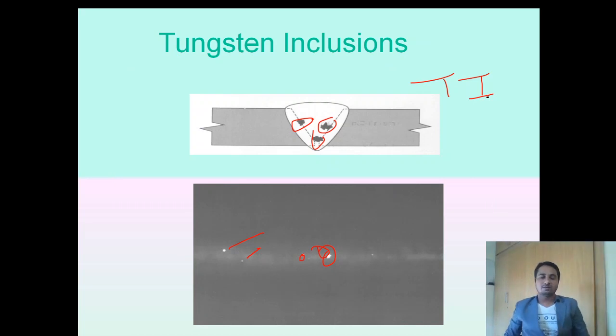So now we have seen the different types of weld defects and how they are seen in the radiographic film.